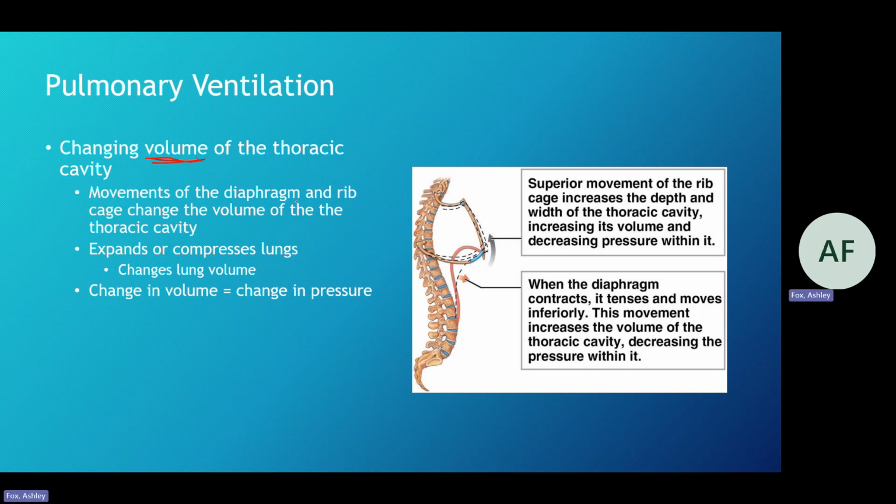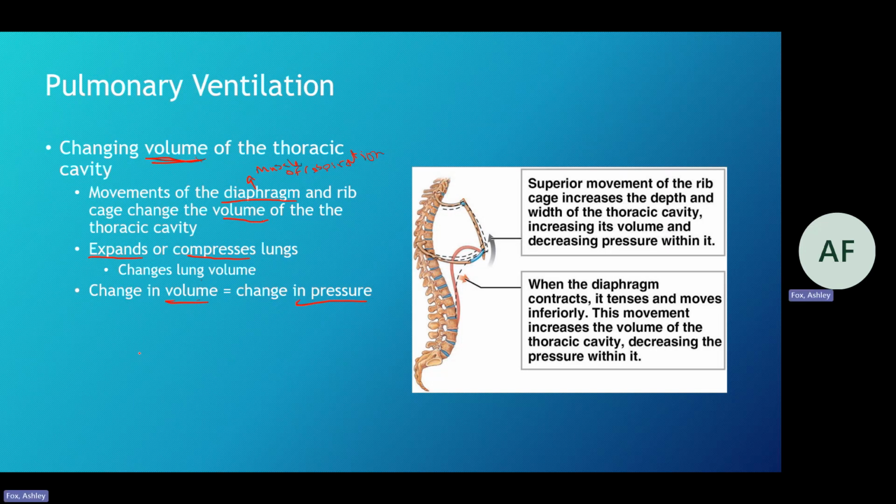Your diaphragm, the major muscle of respiration, it's the big kahuna, and your rib cage, where we're going to talk about intercostal muscles, are going to change the volume of your thoracic cavity. So you're going to either allow expansion of your lungs or compression because you're going to change the volume that the lungs can have to expand in. So you change the volume, you change the pressure.